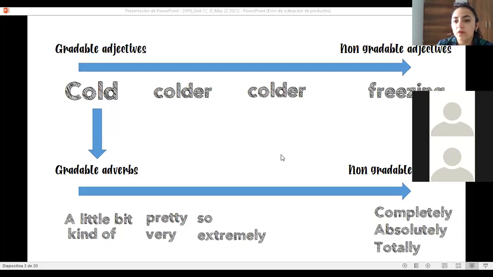And also for non-gradable or extreme adjectives, we have completely, absolutely, and totally. Just to see if you can remember this, you're going to help me to match some gradable adjectives with some extreme adjectives, okay?